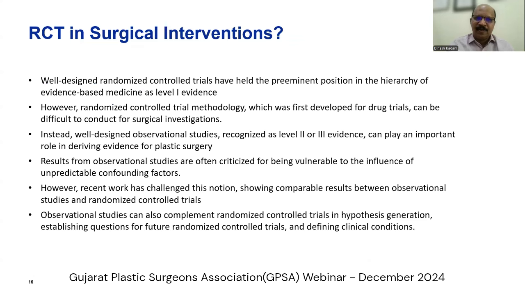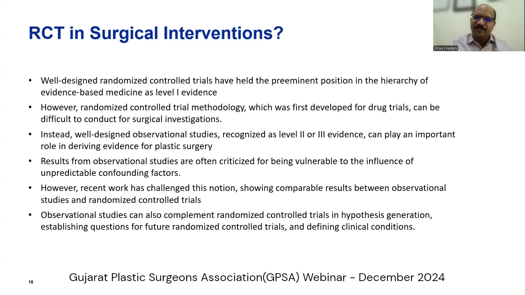For surgical intervention, as I said, that's the reason why observational studies have become more important in surgical research, in plastic surgery research. Observational studies are cohort studies, case control studies, case series, and cross-sectional studies. So these are all becoming important. In fact, there is evidence to show that they are almost equal to RCTs when you're doing very good controlled observational studies.